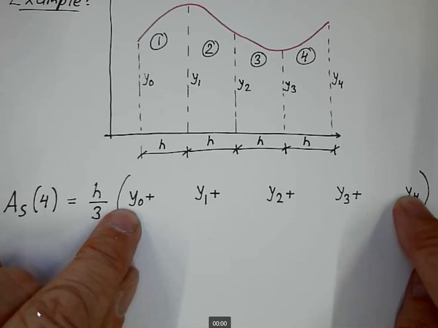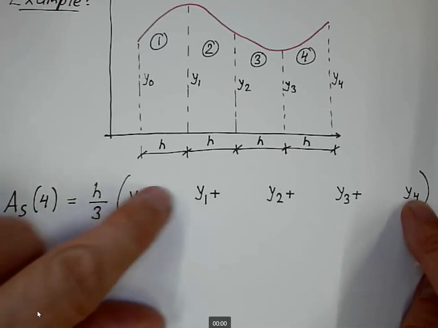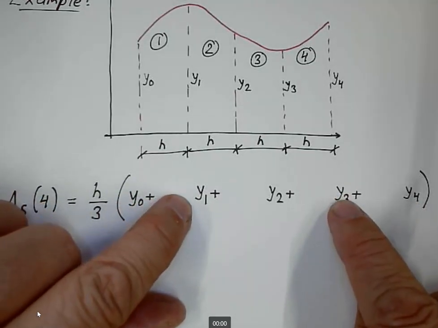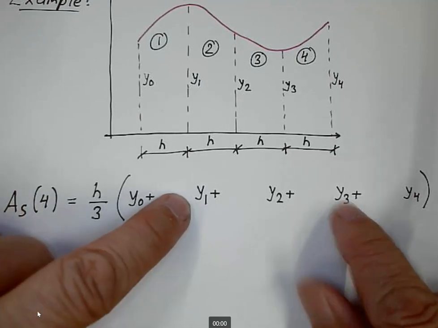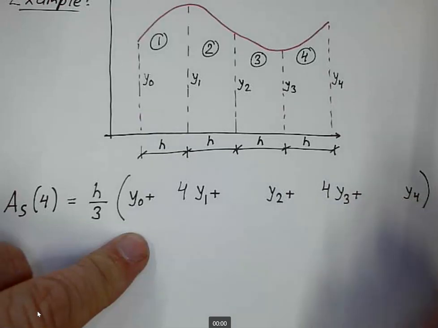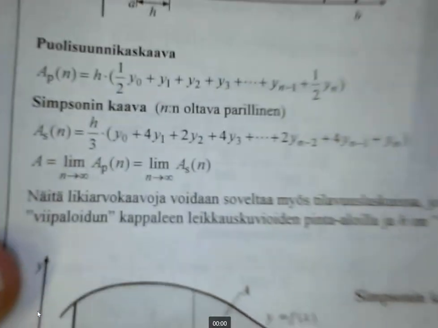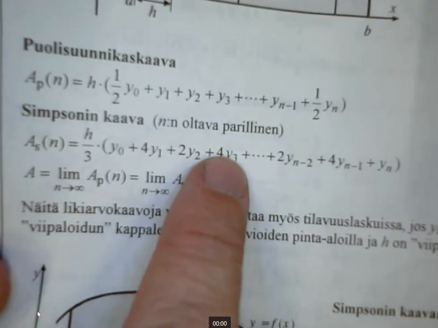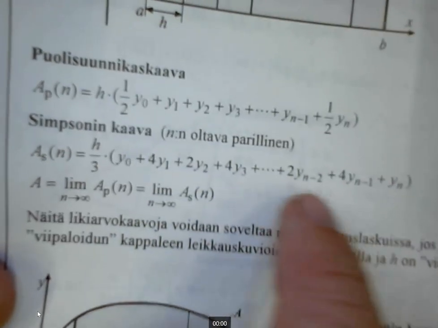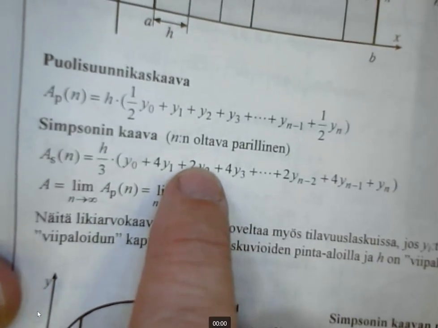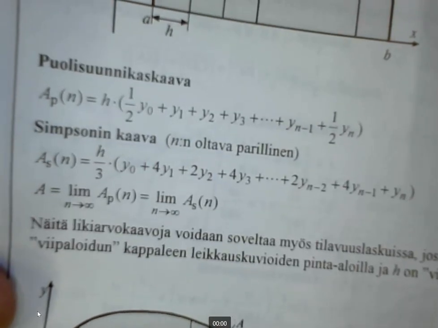Then we go to the next one. This finger moves to the right and this finger moves to the left, and we get the factors for these letters, and it is always 4. So here is 4 and here is 4. And after that it goes alternating 4 or 2. If you watch this universal formula there, 4 2 4 and 4 2 4 2 4 2 4 2, it is always either 4 or 2 inside of this sum expression.